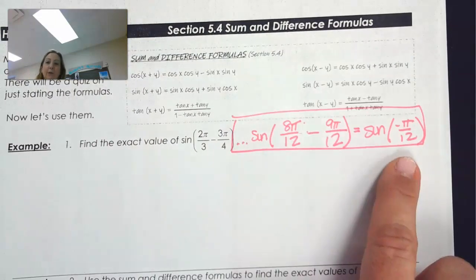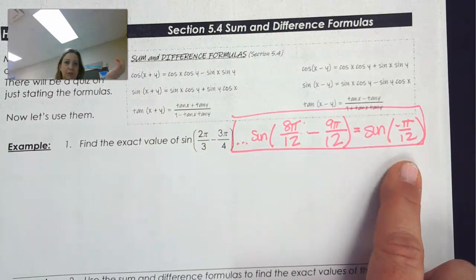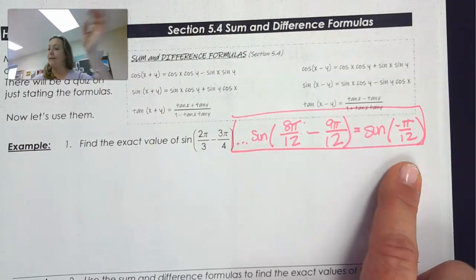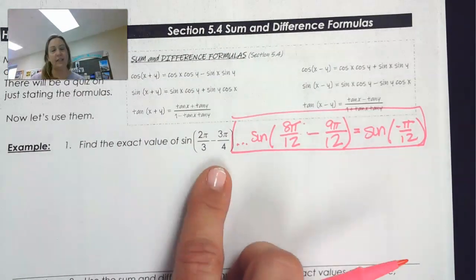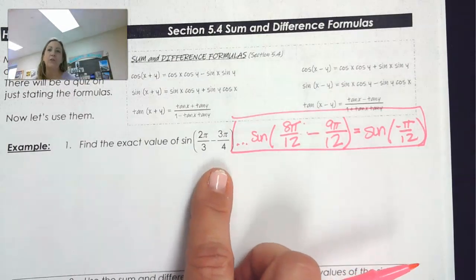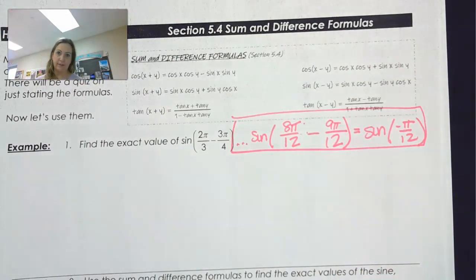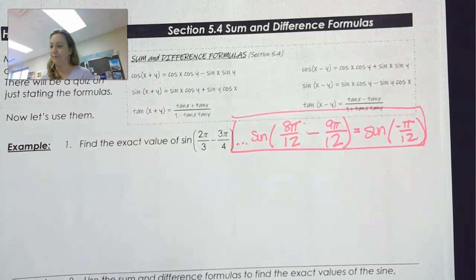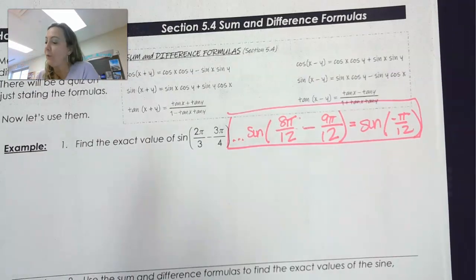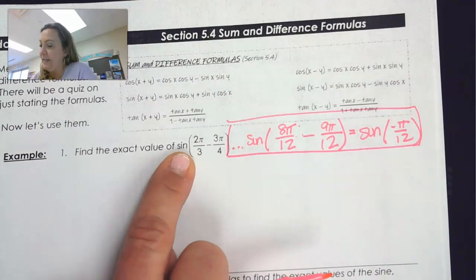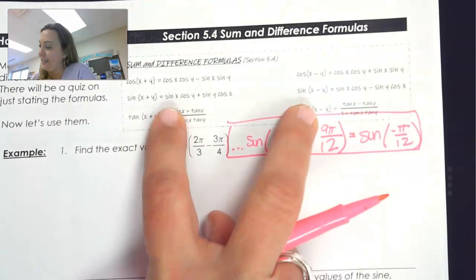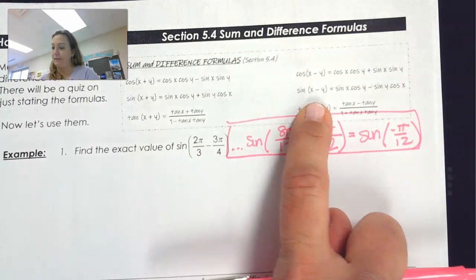So negative pi 12ths on its own is not on the unit circle, right? But if we rewrite it in terms of these critical angles that we know from the unit circle, then we can use these sum and difference formulas. So we notice that this is sine, and so we can use the difference formula for sine.